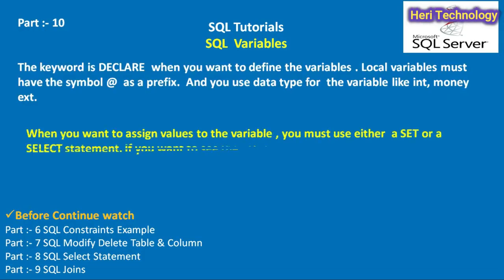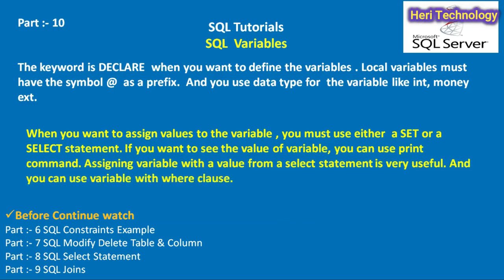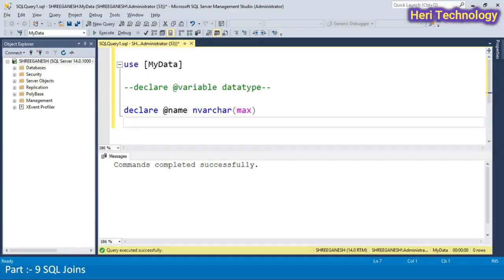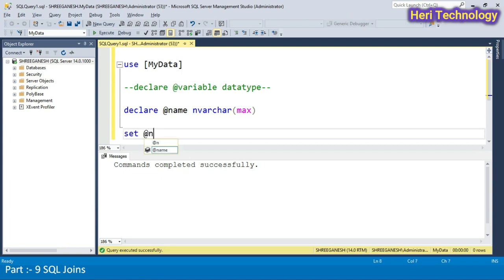Now when you want to assign a value to the variable, you must use either a SET or a SELECT statement. If you want to see the value of the variable, you can use the PRINT command. Assigning a variable with a value from a select statement is very useful, and you can use a variable with a where clause. So let's start step by step. First, we use the SET keyword to assign a value into a variable.